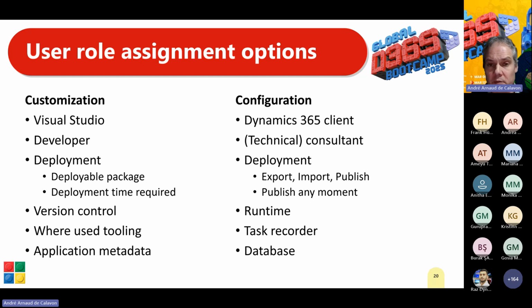If you're doing it using the configuration option, then all changes are stored in the database itself. And then from the application metadata plus the database configured changes, that will create the runtime objects, which will be visible as security to be assigned to users in the application.